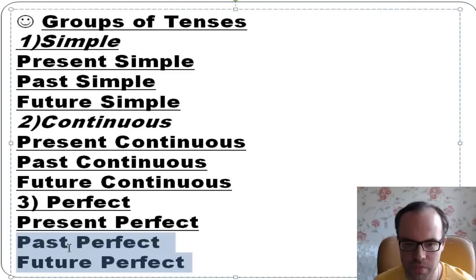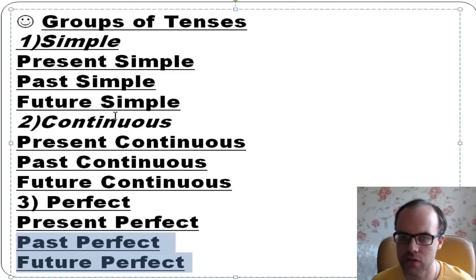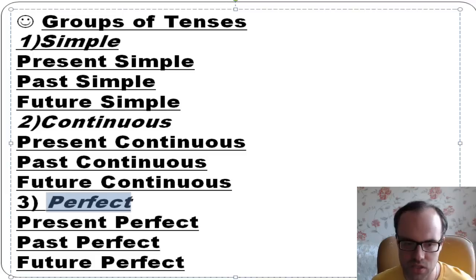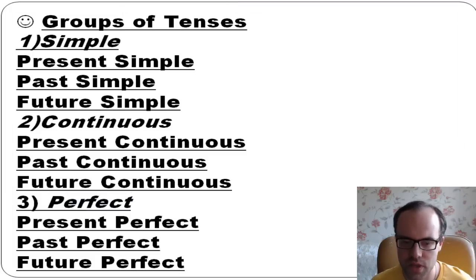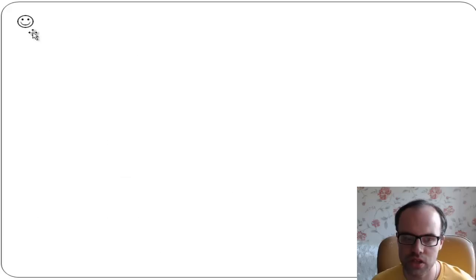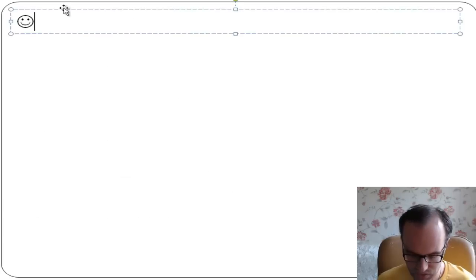So we talked about past perfect, future perfect, and we looked at 3 different groups of tenses: simple, continuous, and perfect. As you know, there are 4 groups in English tenses. So it's perfect continuous.